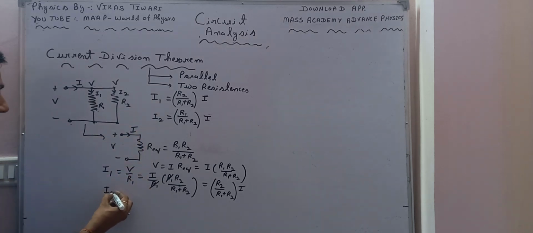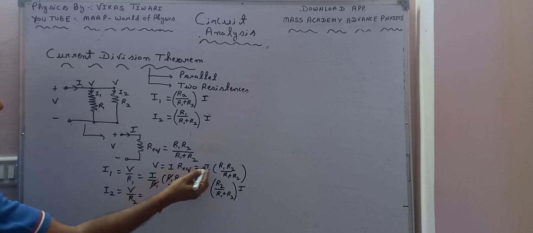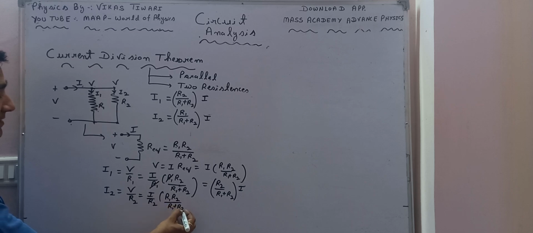And what is the value of I2? I2 is equal to V upon R2. So I substitute the value of V again from here. It is I upon R2 into R1 R2 upon R1 plus R2.